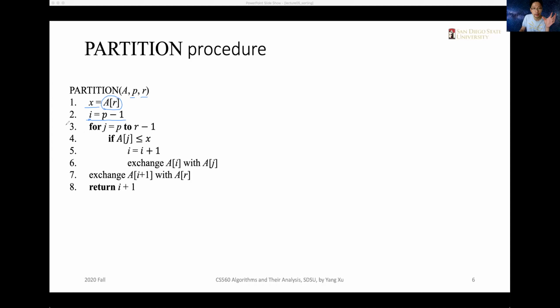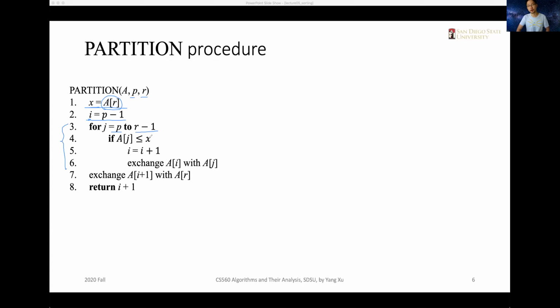And then from line 3 to line 6, it's just a for loop that iterates from P to R minus 1. R minus 1 is 1 to the left of the ending element. We're not going to iterate towards that ending index, because the ending index is already picked up as the pivot. So this is good news for us, right?